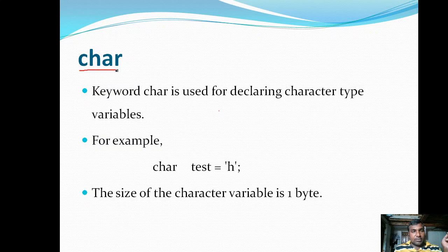Now let us discuss the character data type. The keyword char is used for declaring character type variables. For example, char test is equal to 'h'. One thing you need to remember is that whatever character value you assign to the character variable test must be surrounded by single quotes.